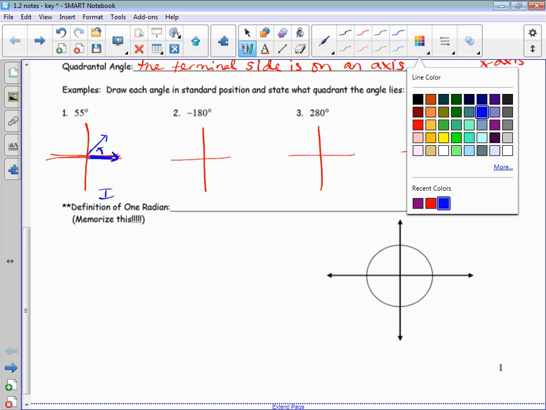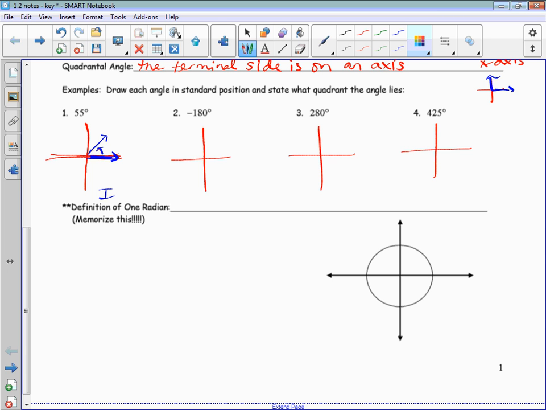All right, so let's go through them. So negative 180. So I start over here to go backwards, right? And it's just directly across. Hopefully yours is prettier. So throw that little arrow in. Okay, and then I said state the quadrant that it lies in. Is that in quadrant? Quadrantal, good. Quadrantal, yes.